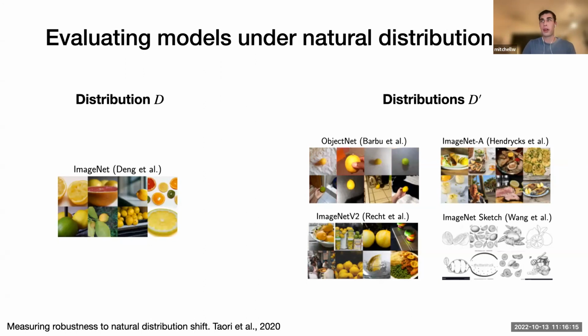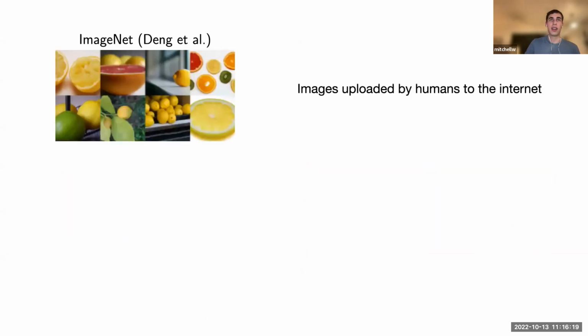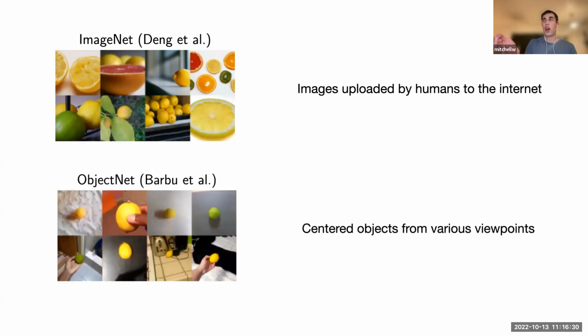To zoom in on one particular distribution shift we're going to use today: ImageNet is the target distribution which we fine-tune on. It consists of images that are uploaded by humans to the internet. There's the ObjectNet distribution shift, which consists of centered objects from various viewpoints. So here we see lots of lemons where you might not typically see them.